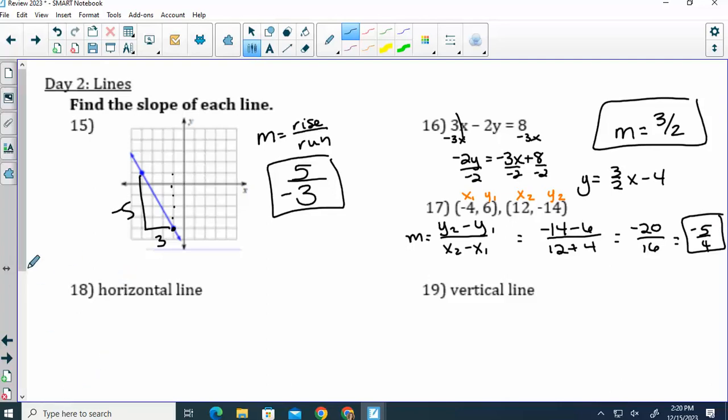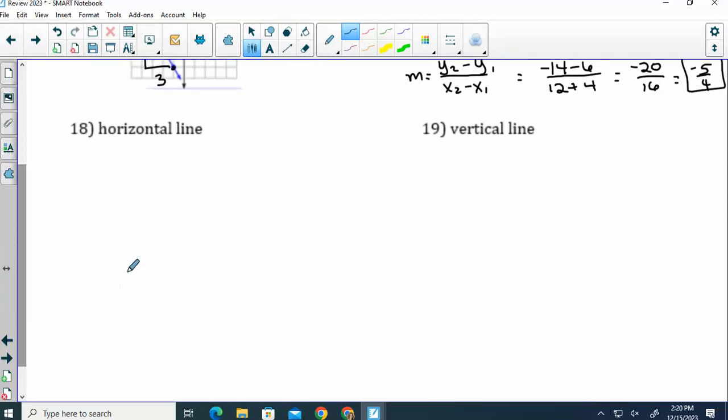What's the slope of a horizontal line? Don't know. Let's look at one then. Okay, if I drew a horizontal line, rise over run, if I took 2 points, to get from this one to this one, how much do we rise? 0 over my run is 1.